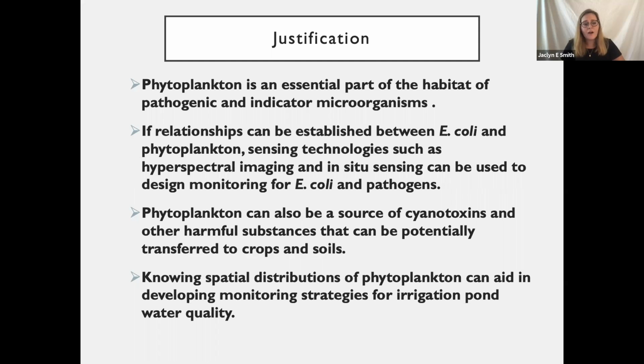As well, phytoplankton can be a source of cyanotoxins and other harmful substances that can potentially be transferred to crops and soils. And knowing the distributions of the phytoplankton can aid in developing monitoring strategies for these ponds.